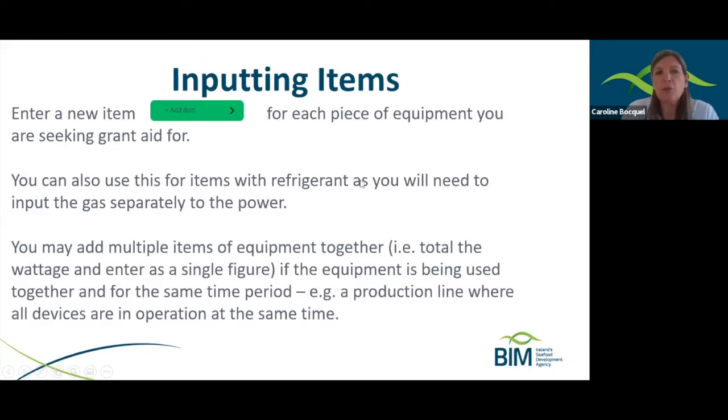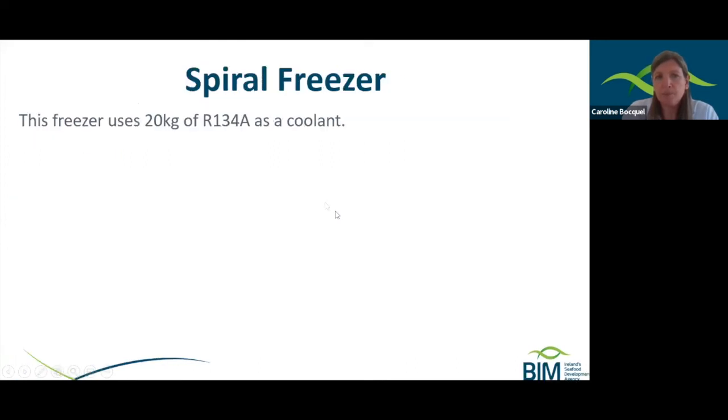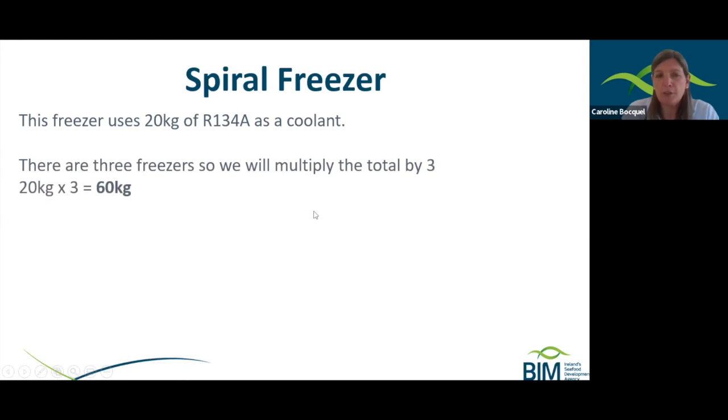To enter a new item for each piece of equipment, you do so by clicking on the green button. In the case of fridges and freezers, you need to use this for items with refrigerant, as you need to input the gas as well as the power. So in this case, we're going to say that the freezer uses 20 kilograms of coolant, and we know we have got 3 freezers.